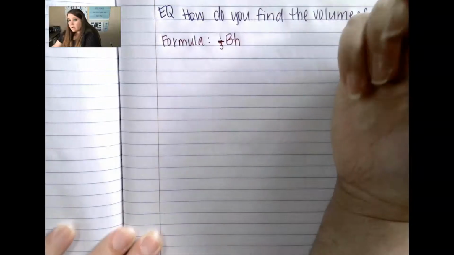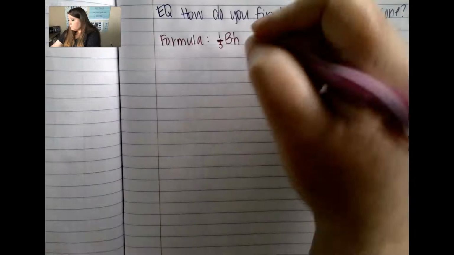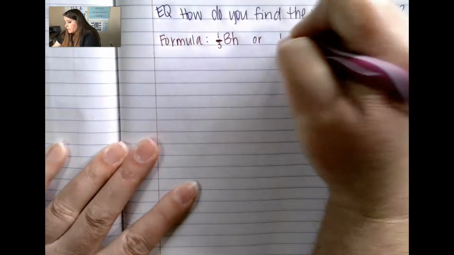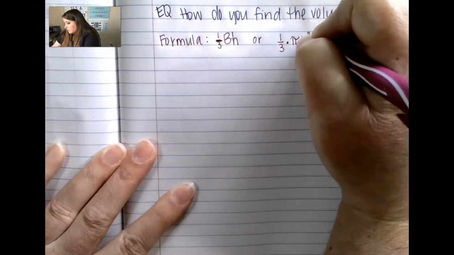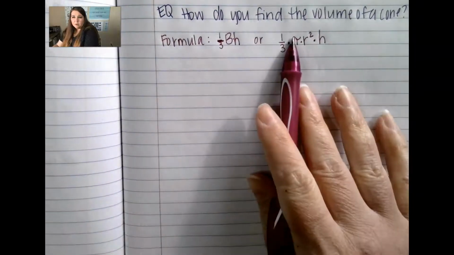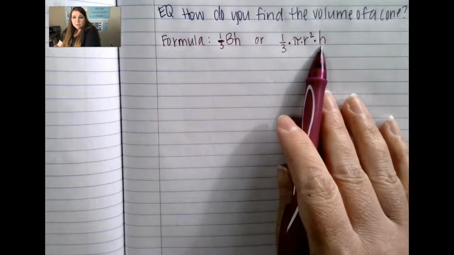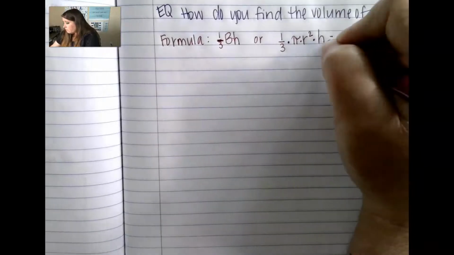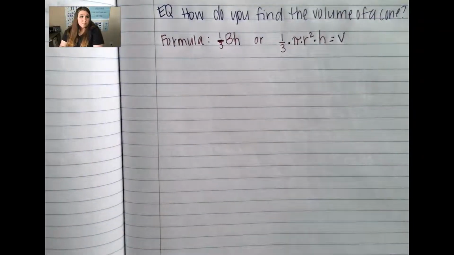So it's just 1/3 of the area of the base times the height, or 1/3 times pi r squared times the height. Here we know area of a circle times the height is volume, but for the cone we're going to find 1/3 of that same cylinder, and that's all going to give us the volume.